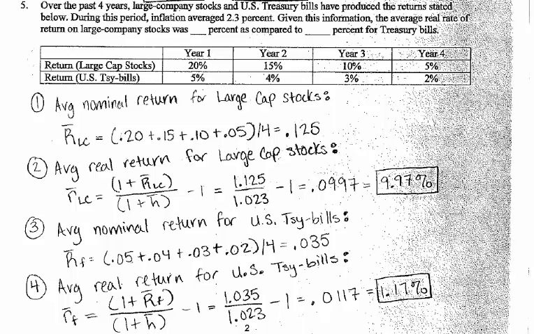Subtract that 1, and you're left with 0.0117, which is 1.17%, very close to 1.2%. So that shows you that you can use the Fisher equation for bonds, like we did before, and also now for stocks.